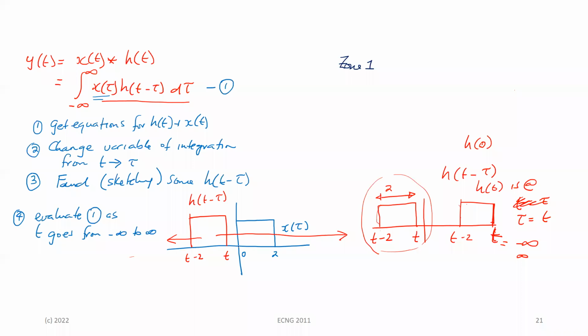Notice that once t is less than 0, remember this pulse is sliding along the axis. We've started it way back in minus infinity. We're moving t from minus infinity to infinity, so this entire pulse is sliding along the time axis. Notice that once t is less than 0, there's no overlap between x of tau and h of t minus tau.